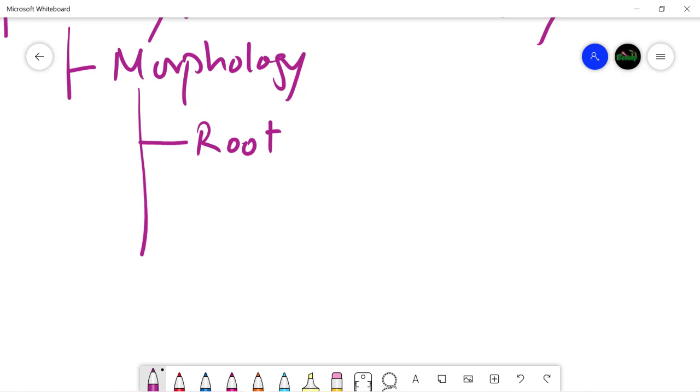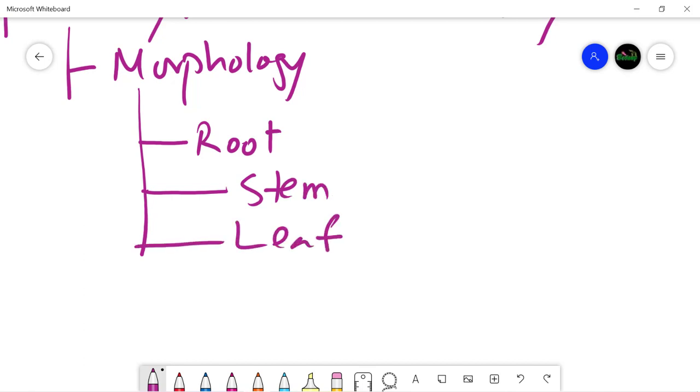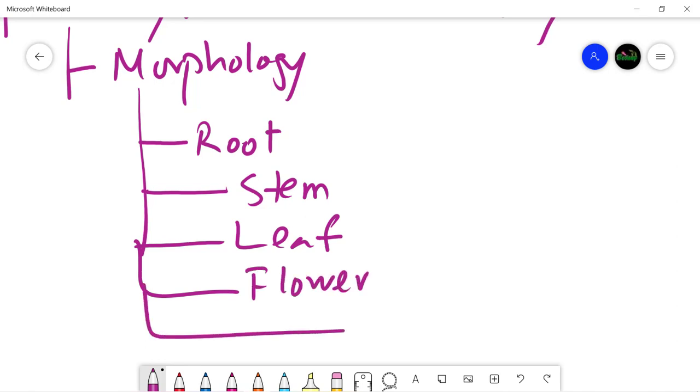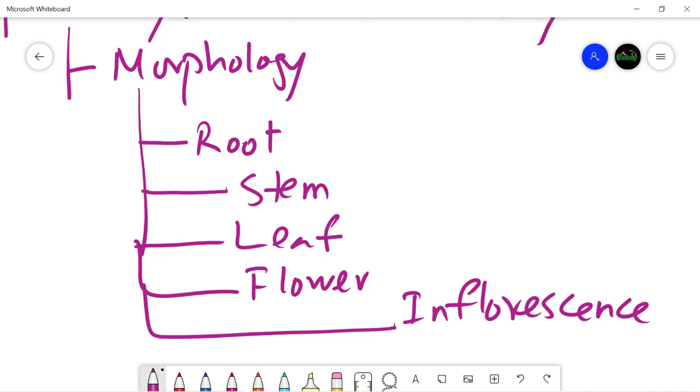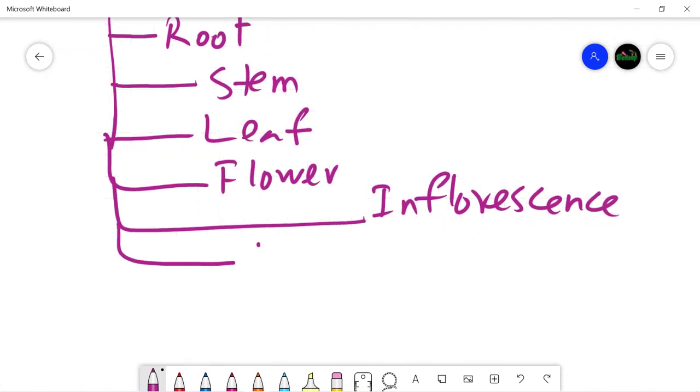So we start with the root and various forms of roots, and various terms related to roots. And similar will be the case in all the plant parts like stem and leaf and flower and inflorescence and fruit.